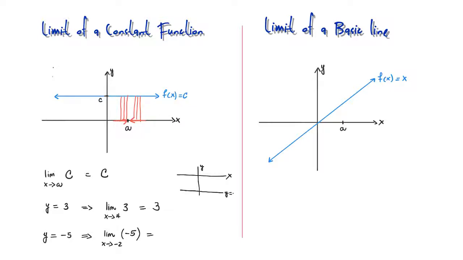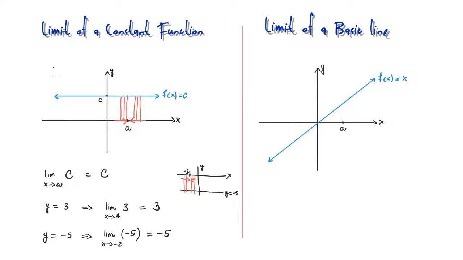This is y equals -5, and x equals -2 right here. So the idea is as x approaches -2 from the left and x approaches -2 from the right, I want you to think of the y values. The y values are always going to be -5. So therefore, the answer will be -5. And that's always the case.